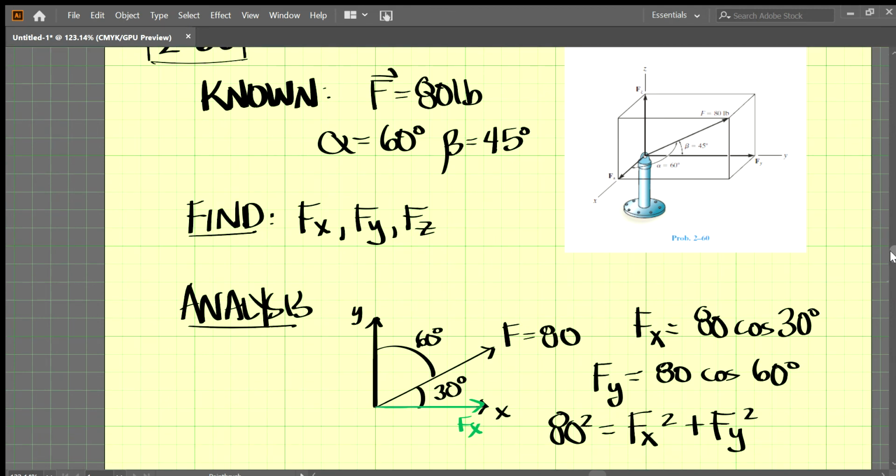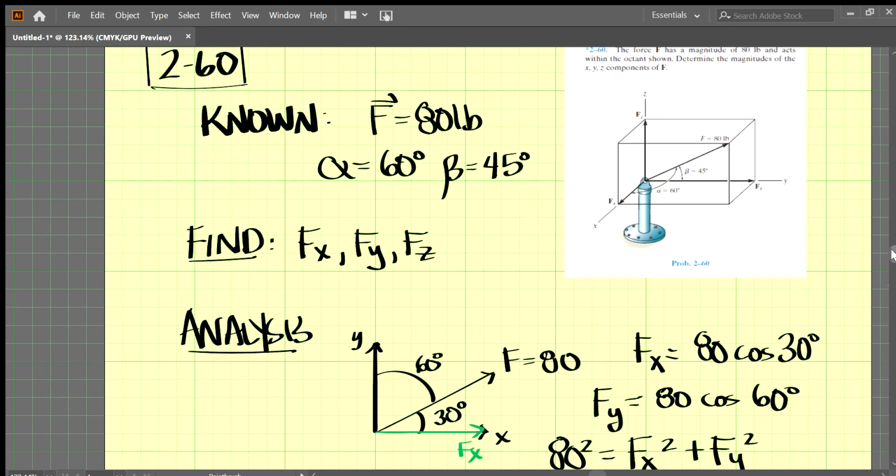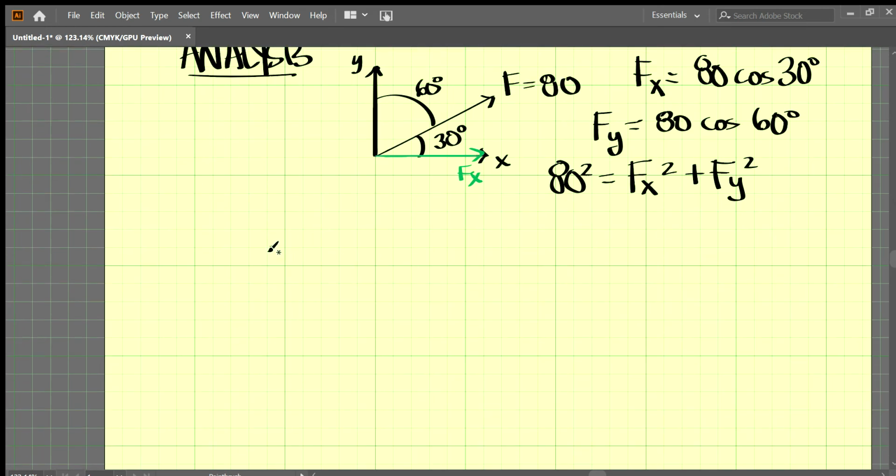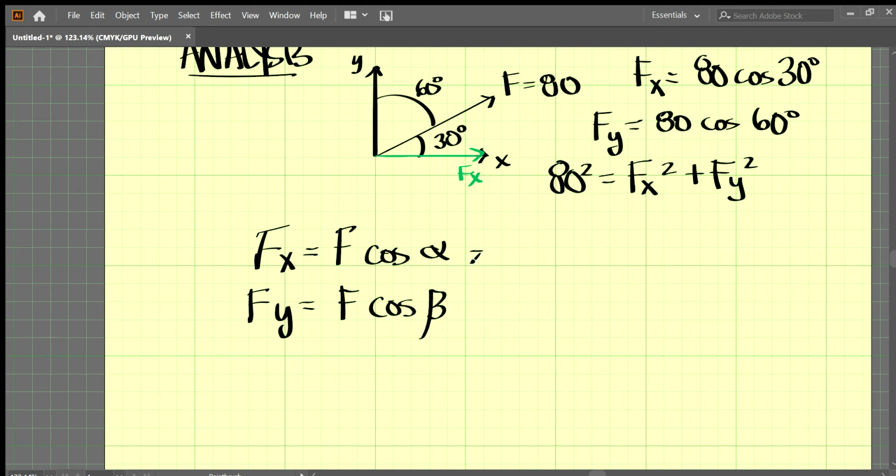Okay, so we have the angle between the vector and the x-axis, as well as the angle between the vector and the y-axis. And we can easily get Fx and Fy. So we know that Fx is just equal to F cosine alpha, and we know Fy is just F cosine beta. So that's 80 cosine, and alpha is 60 degrees.